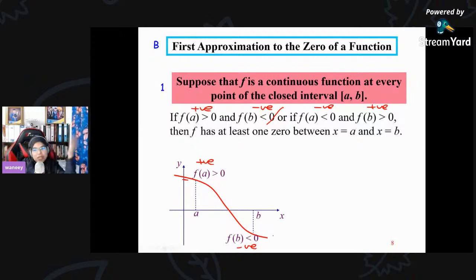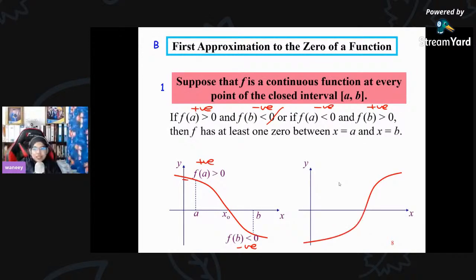One y value is positive, the other y value is negative. So obviously, if one of them is positive and the other is negative, there must be somewhere between a and b where the value of y is equal to 0. That is our aim. We want to find out the value of x such that y is 0.